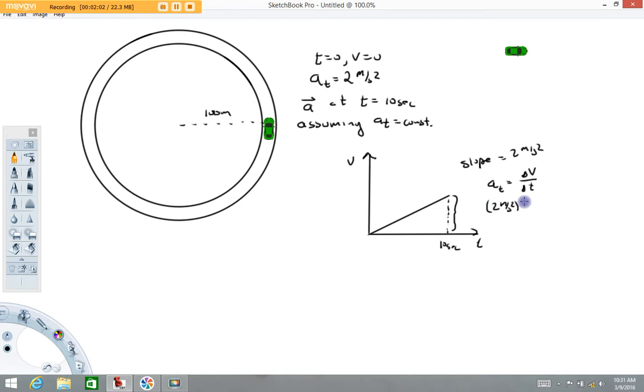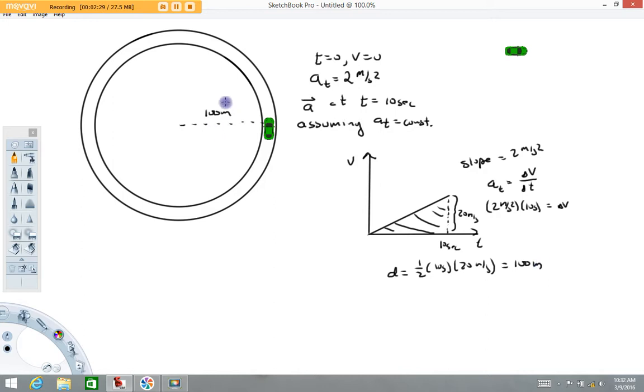I'll multiply by the 10 seconds, which gives me the change in v, and I get 20 meters per second. So on this graph, this vertical height is 20 meters per second. The distance that the car traveled we can get from this area right here. That's 1/2 times 10 seconds times 20 meters per second, which is 100 meters.